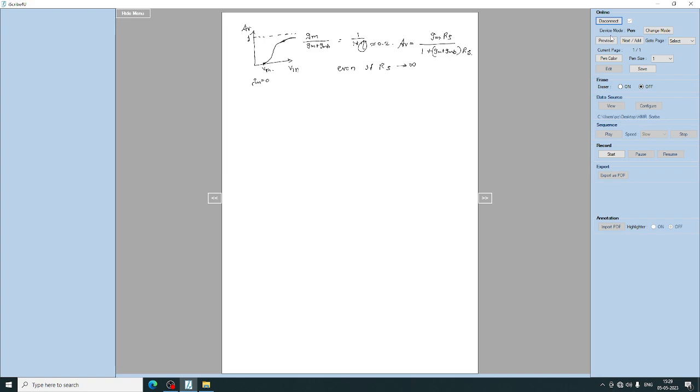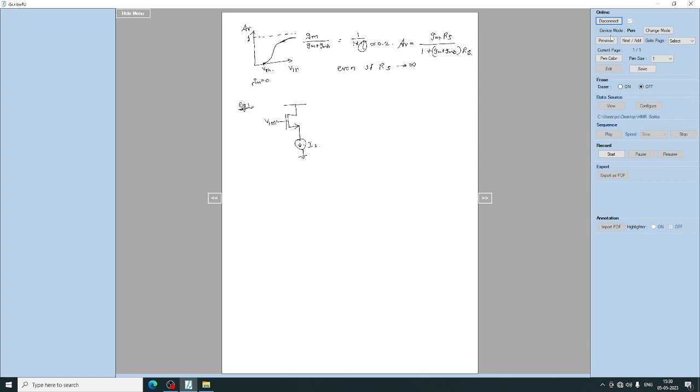Say, for example, we have a source follower circuit, and we will solve an example on this. So this is Vin, and we have a load here which can also be represented by a constant current source.